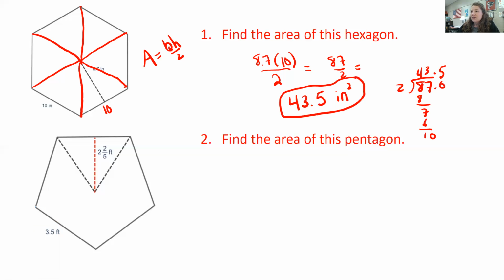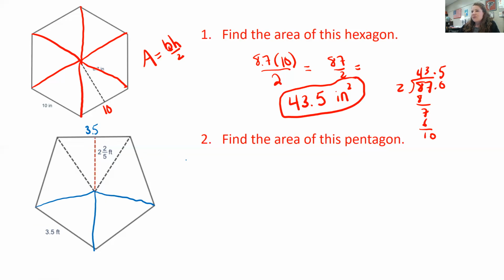All right, did all of you try this problem? So how many equal triangles are we going to have? I see 1, 2, 3, 4, 5. So we have a pentagon. So the bases are all the same. The bases are 3.5 and the heights are all the same, 2 and 2/5.